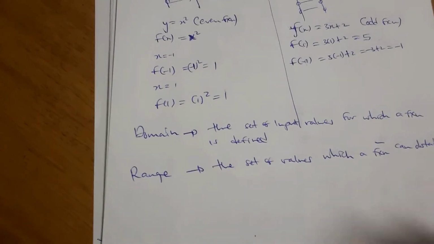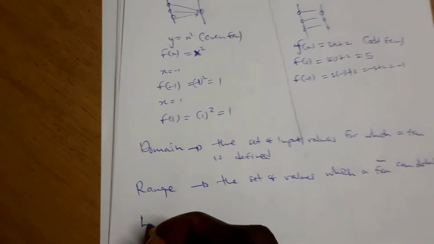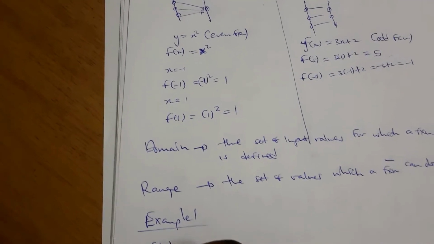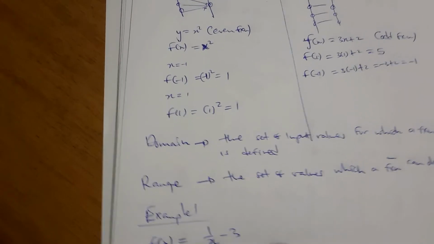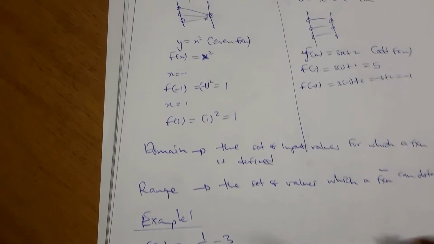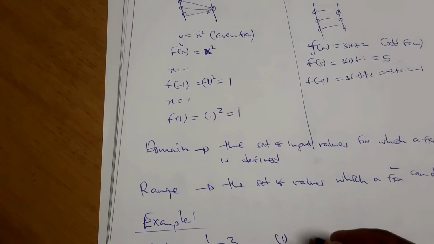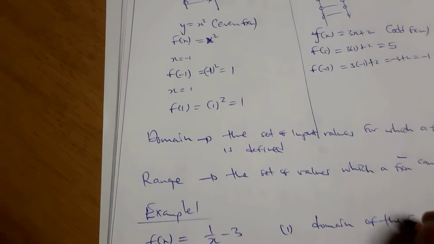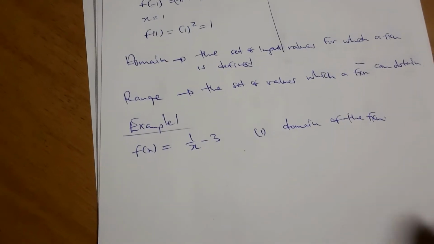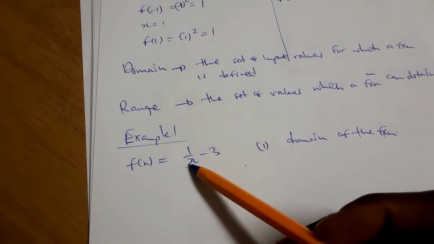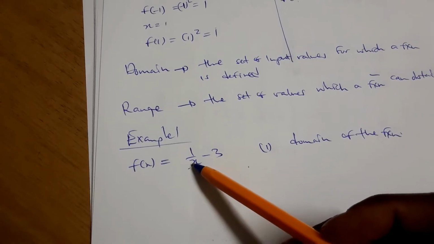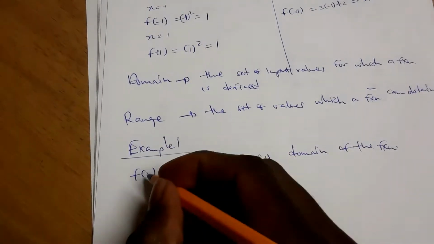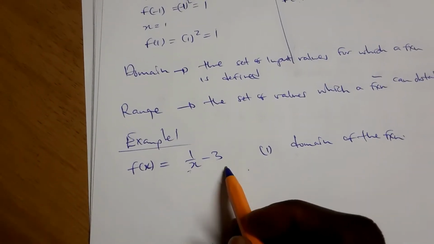So let's look at some examples here. Example 1, we have f of x is equal to 1 over x minus 3. So the first question is asking us to find the domain of the function, right? So the domain of the function, we say that the domain is a set of input values for which a function is defined. So we can actually see that from this function f of x is equal to 1 over x minus 3.